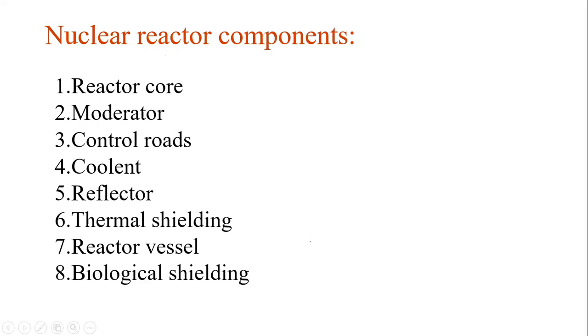The reactor core contains a number of fuel rods made up of fissile materials. They may be diluted with non-fissionable materials for better control of the reactions or to reduce the damage from the fission products.